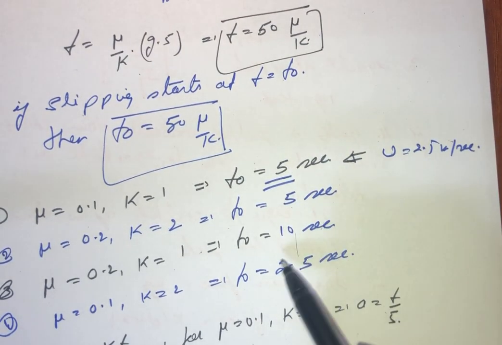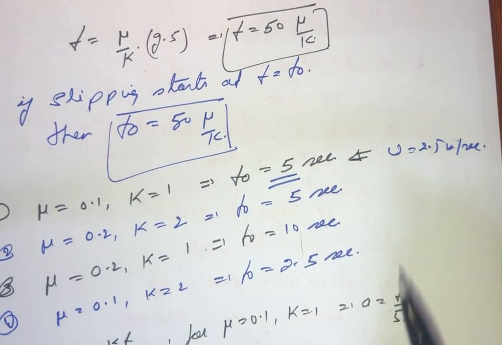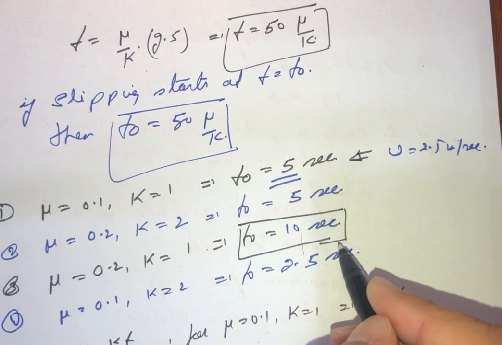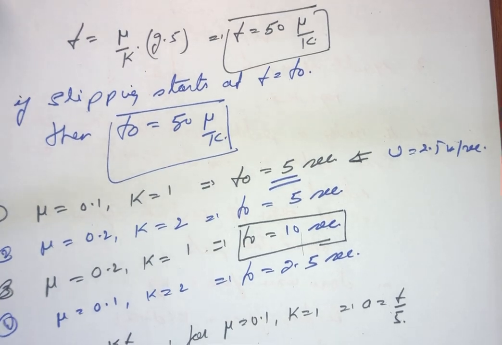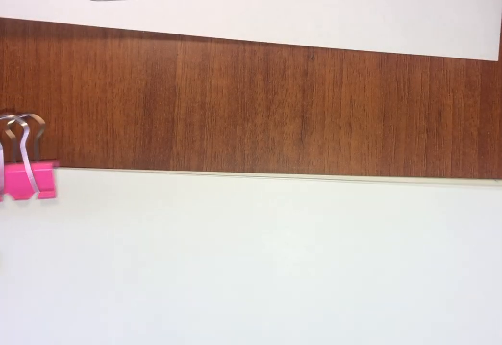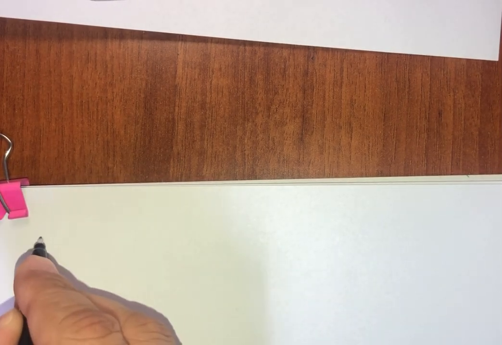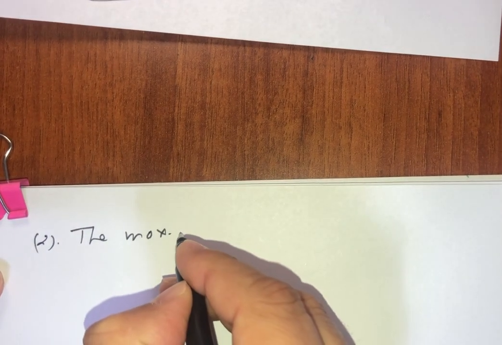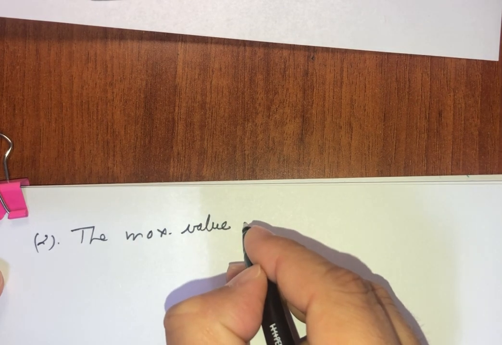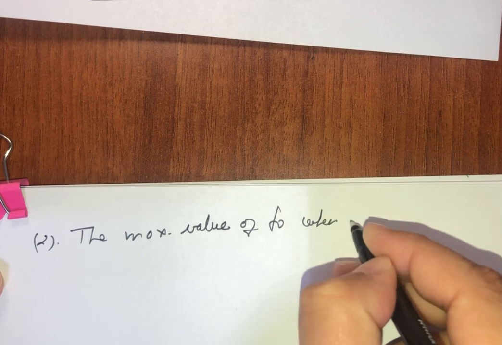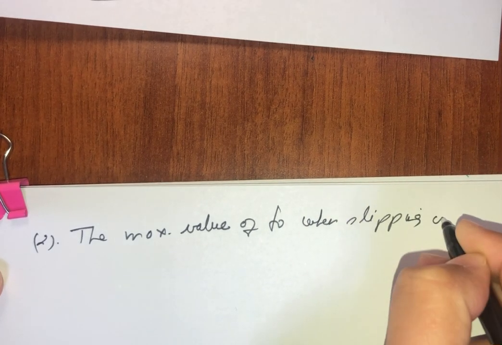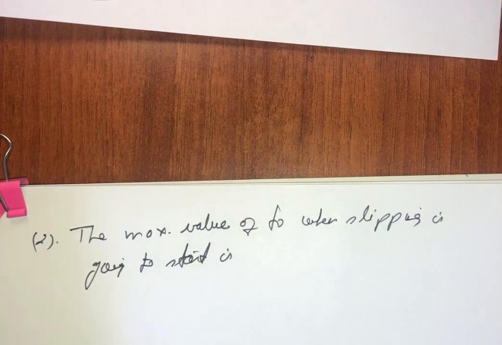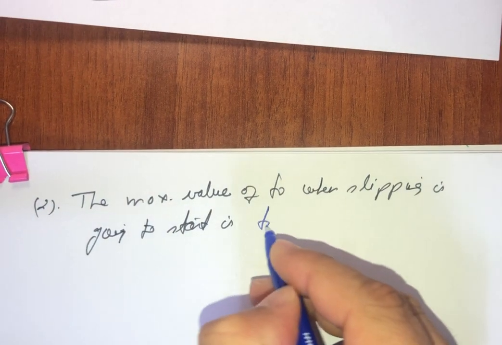From here we can check the various values of time t naught for which slipping is going to start, and we can say that in the second part, the maximum value of t naught when slipping is going to start is t naught equal to 10 seconds.